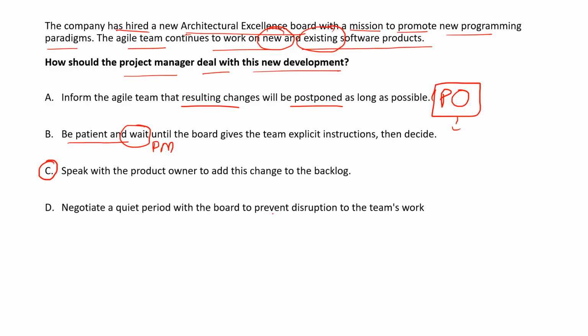Negotiate a quiet period with the board to prevent disruption to the team's work. In which situation could D be the right answer? What could be the situation where D becomes correct? I think when they are in the middle of a sprint. Okay, this is one scenario.